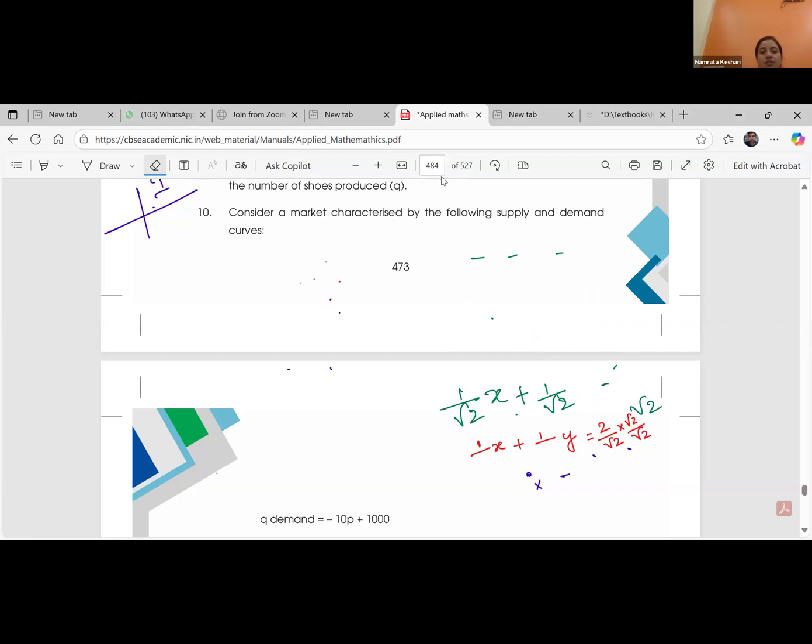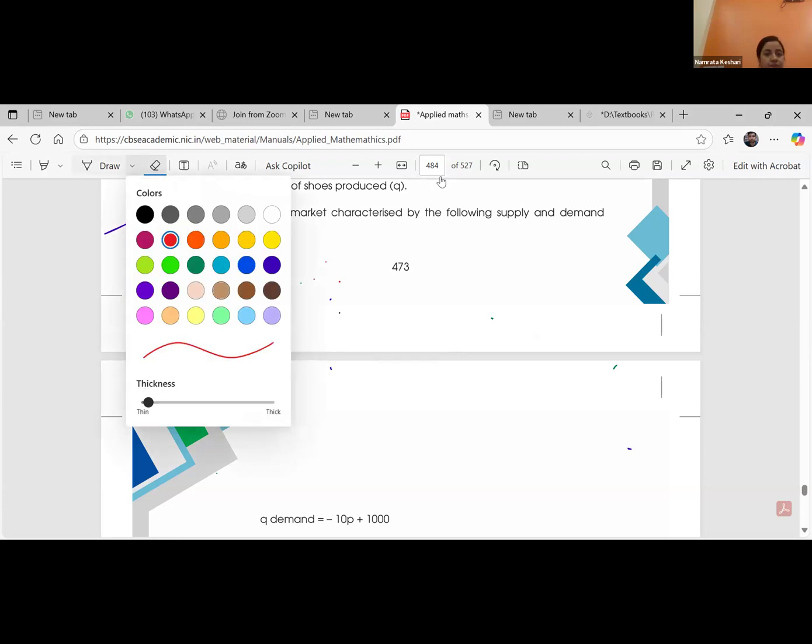Now the last two concepts we are going to discuss, let's take that. Suppose you are having the coordinate axis.